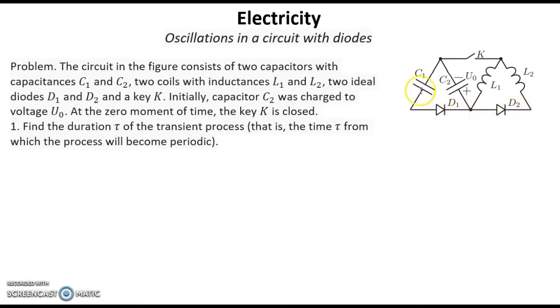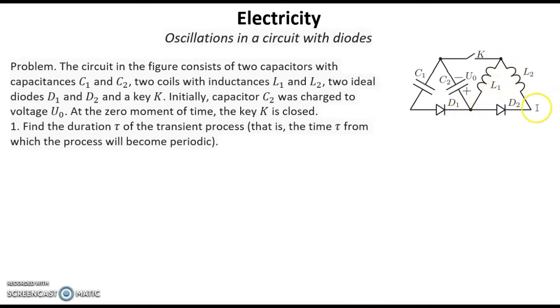For this capacitor we have the opposite picture. The current cannot go through this diode, it's still closed, and we have a circuit with a capacitor and two parallel connected coils, and in this case we have a regular oscillation process with an easily calculated period.